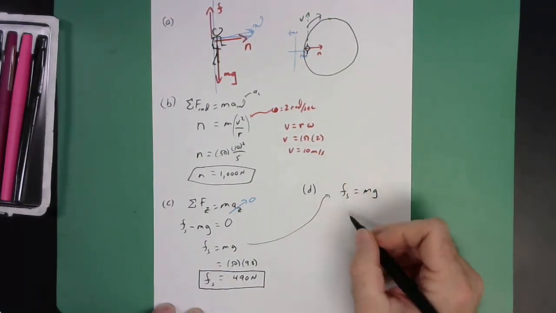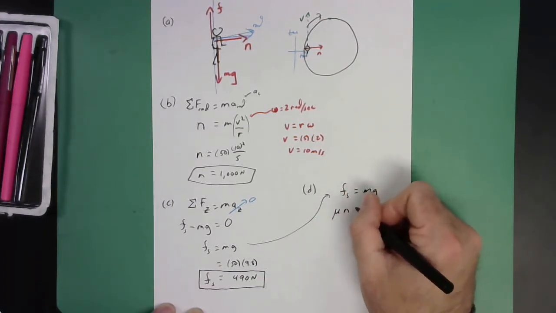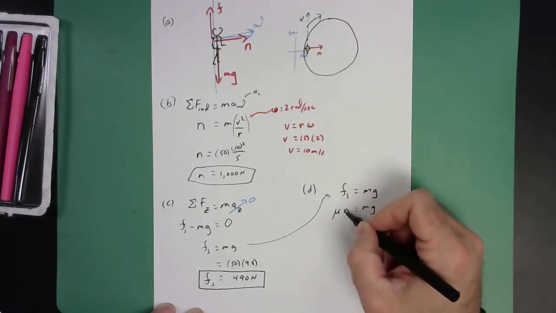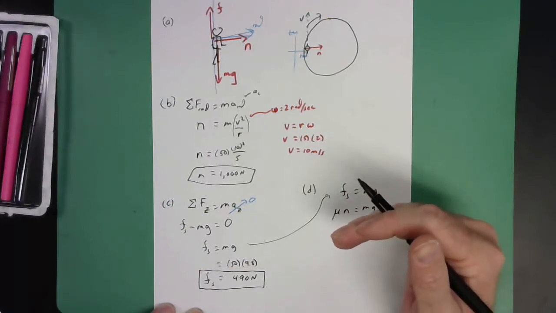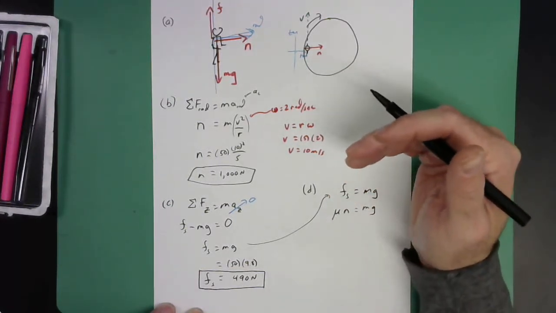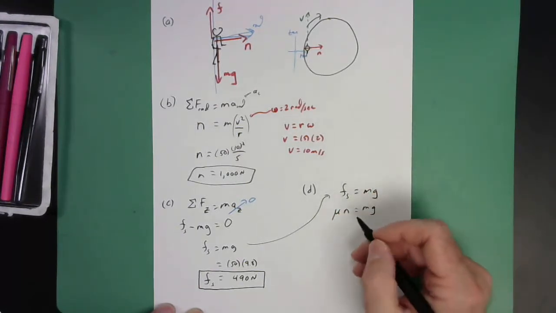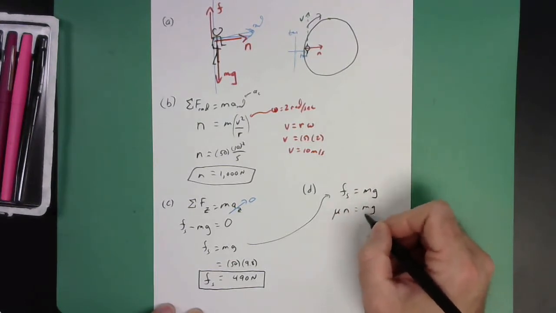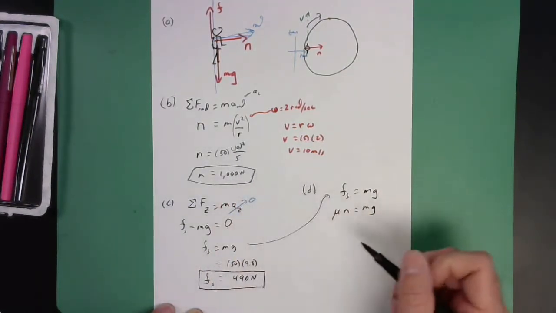But where it says static friction, I substitute in the formula mu n, right? And I know that I actually can only substitute mu n when I'm at the maximum, but that's what we're interested in. If he's going to slip down the wall, that static friction will have been at its max just before he slips, right? So I'm going to solve to see if this friction force can hold him up. It's got to be at least the maximum value, or this force, at most it can be the maximum value. So mu n, and then how big is n? Well, n is mv squared over r.